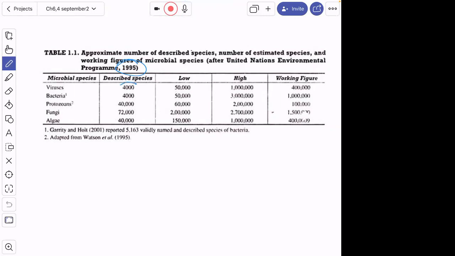About now, or at least 20 years ago, we knew there were about 4,000 bacteria and 4,000 viruses, but we know that there are many more species out there. We can tell by picking up genetic sequences. There may be as many as 400,000 viruses and 1 million bacteria. So as we describe new species, we have to know how to group those.